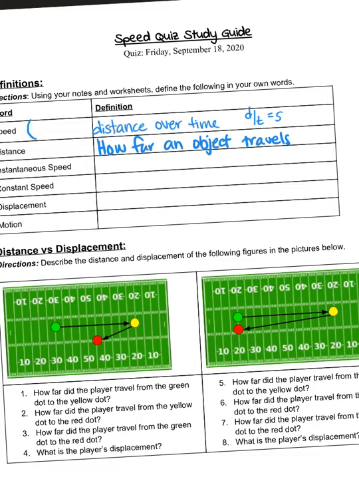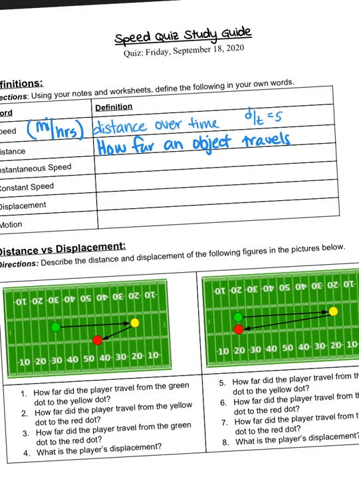Speed is measured in some sort of distance, say miles, over some sort of time, so say hours. Or I should say miles per hour, right? So when we're looking at a math problem and we see miles per hour or kilometers per hour or meters per second, we know that that is a measure of speed.